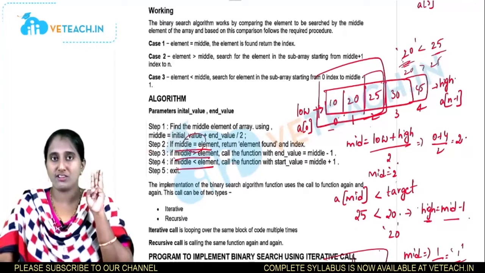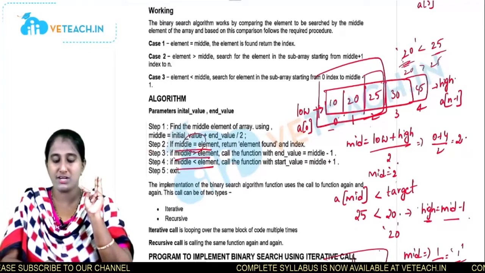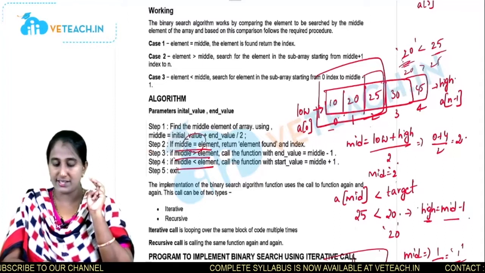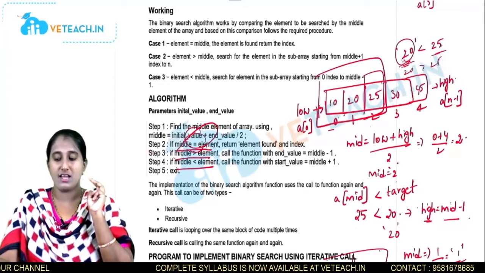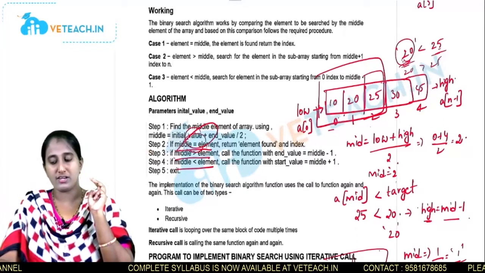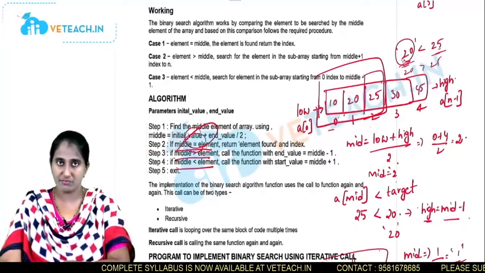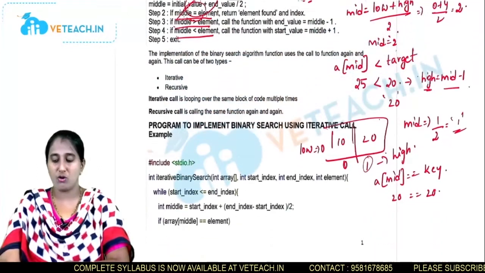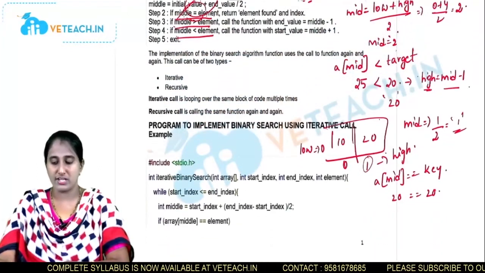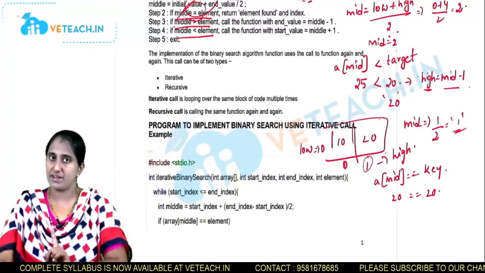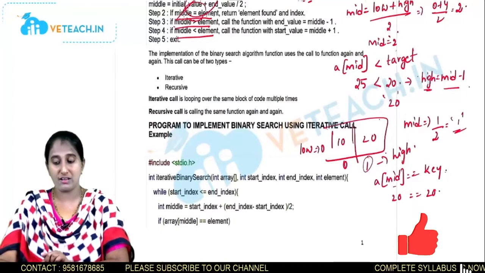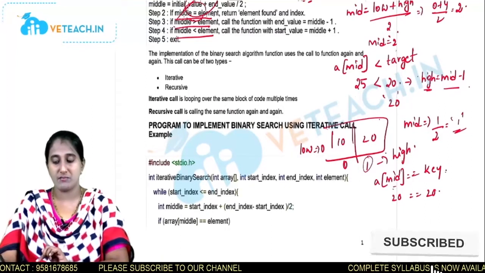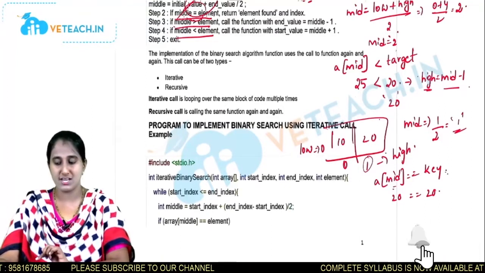So we go for three conditions: the mid element is equal to the target element, or the target element is less than the mid element, or the target element is greater than the mid element. One condition will definitely be satisfied. Here the condition that is satisfied is mid equal to key, isn't it?